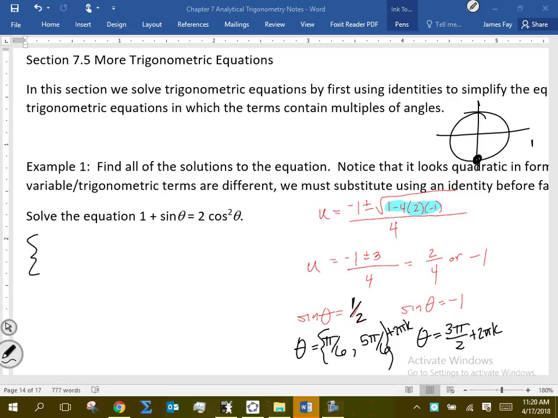You might see that curly brace, which means we're going to start putting solutions in, and then they might say your solutions are pi over 6, 5 pi over 6, as many as you have in here, in parentheses, and then we'll put 2 pi k.